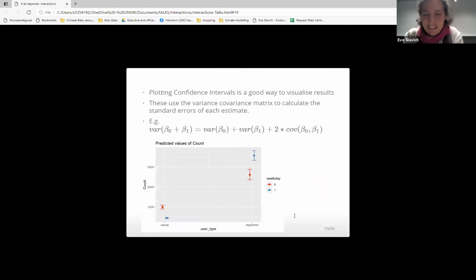So that's how to calculate the estimates in each subgroup from those linear model coefficients, the way that it will come out from the software. But plotting confidence intervals is a good way to visualize results.